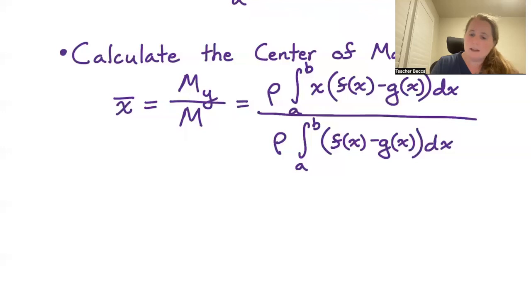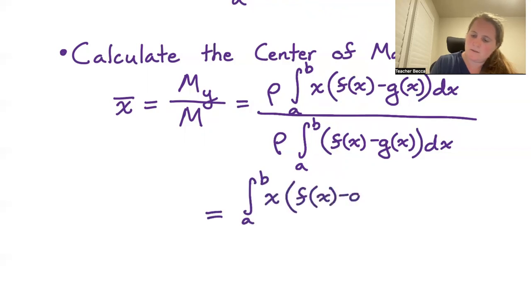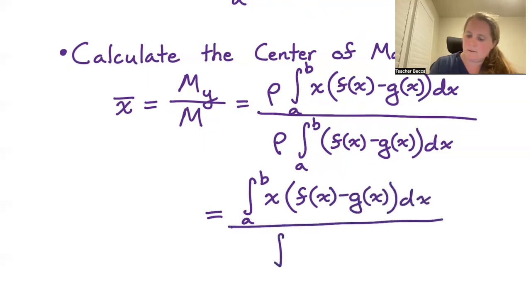Of course, the rhos cancel. So we are essentially looking at the definite integral from a to b of x times f of x minus g of x dx, all over the area integral from a to b of f of x minus g of x dx.